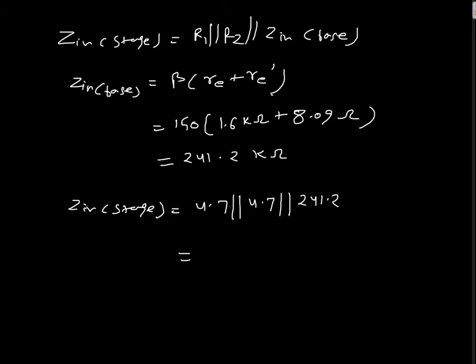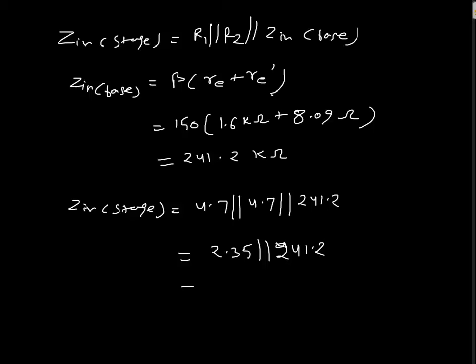So by solving first 4.7 parallel 4.7, we'll get half of this, so it is 2.35 kilo ohm, parallel to 241.2 kilo ohm.